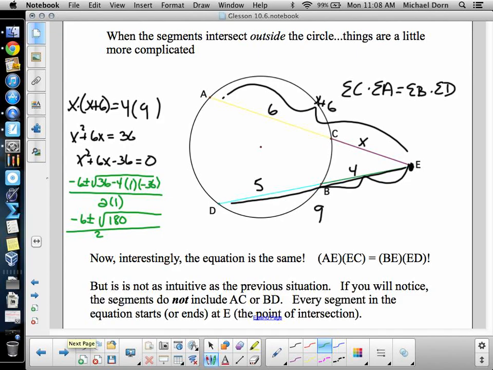And 180 divided by 5 is 36, which is 6 squared times 5. So that's negative 6 plus or minus 6 root 5 over 2, because I can simplify that. If I want to, I could factor a 2 out of the top there.